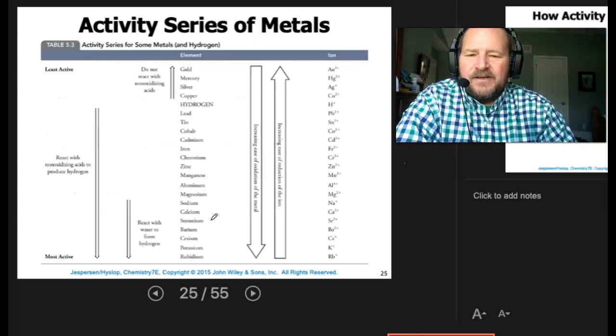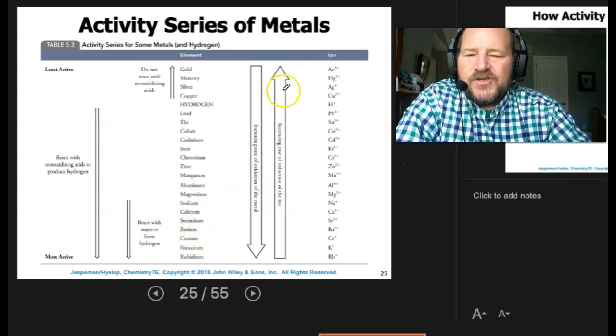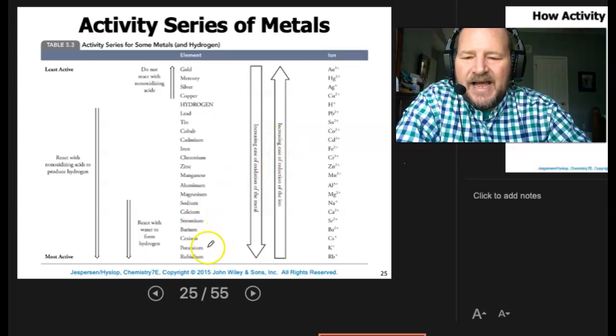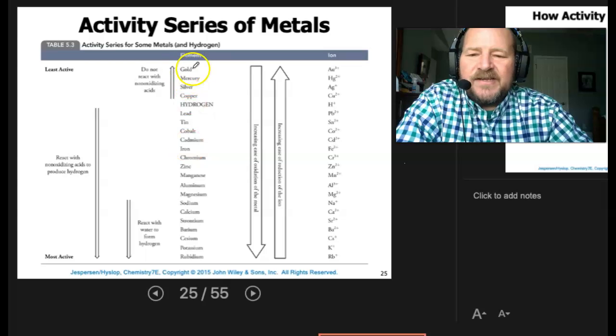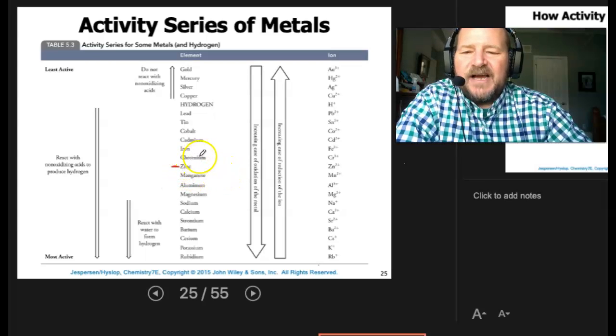So here, it's pretty small writing. We have gold at the top here, and then of course rubidium at the bottom. On some charts, and the one I'm referencing, typically this is switched around, so we would have the more active at the top. But the way this one's written, things up here cannot replace the ones that are down here. So zinc is here, and then we mix that with copper.